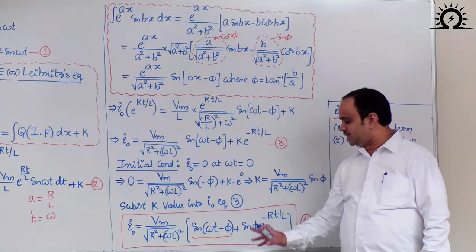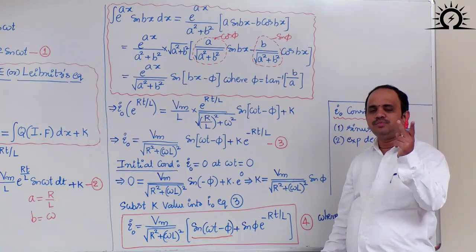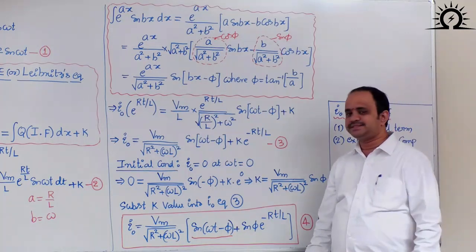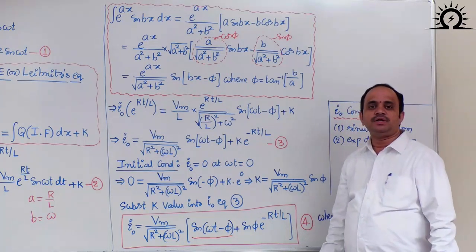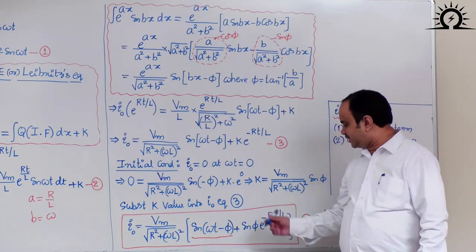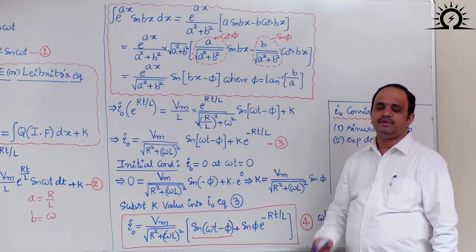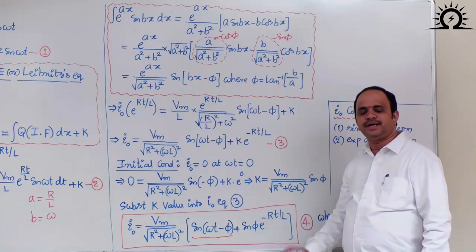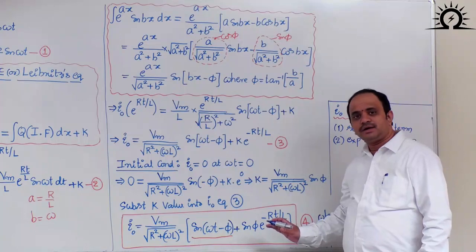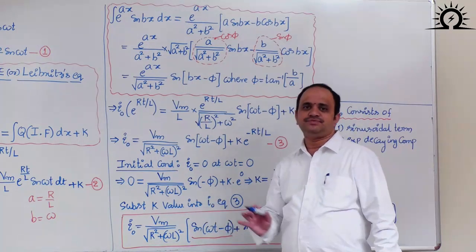The output current, when the load is RL nature, contains two major components which will decide the waveform shape. What are those two major components? One is a sinusoidal and the other is an exponentially decaying component. Therefore, we will draw such a waveform.